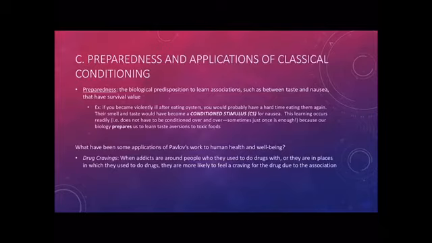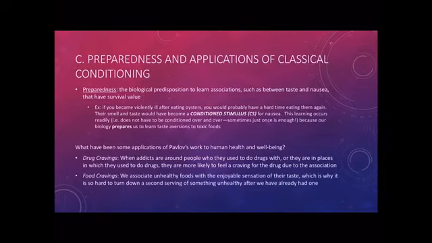So that's why, after rehabilitation treatments, we never want to have people go back to those same situations that they were using in, because it's hard to overcome that learned association, that trigger for wanting to use again. Food cravings, we associate unhealthy foods with an enjoyable sensation of their taste, which is why it's so hard to turn down a second serving of something unhealthy after we've already had one.